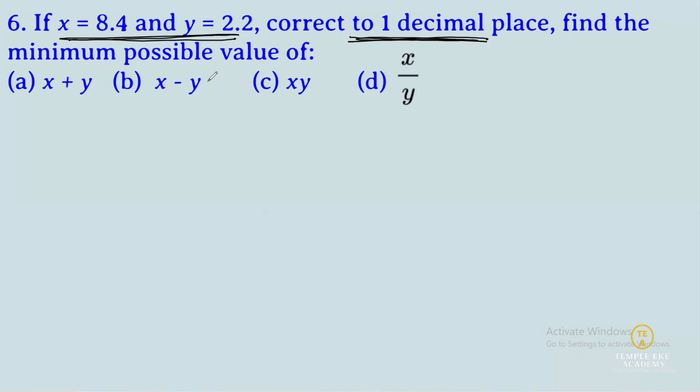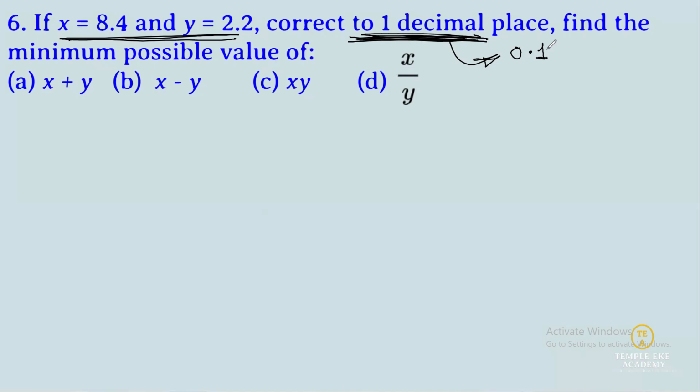So let's get straight up into it. First thing to do is to establish the upper and lower bounds of X and Y respectively. So let's go straight into the possible error from the degree of accuracy. 1 decimal place, which means the degree of accuracy is actually 0.1.